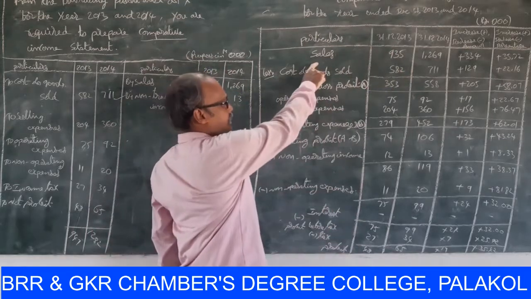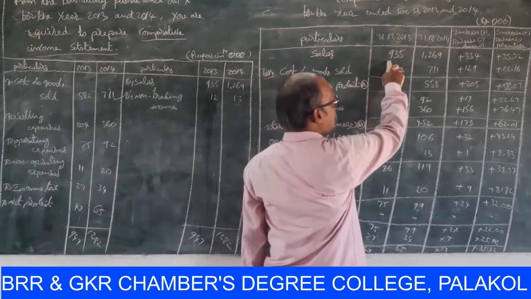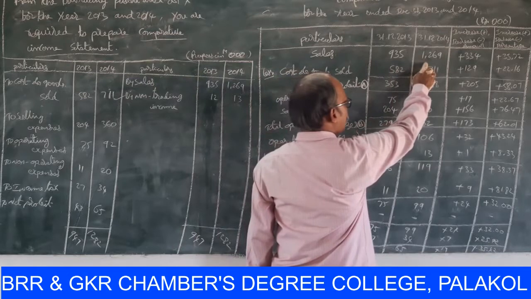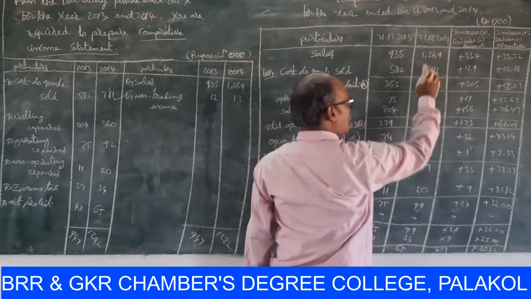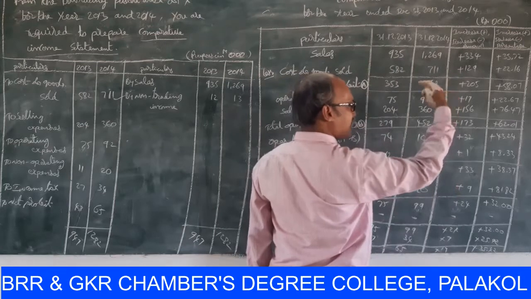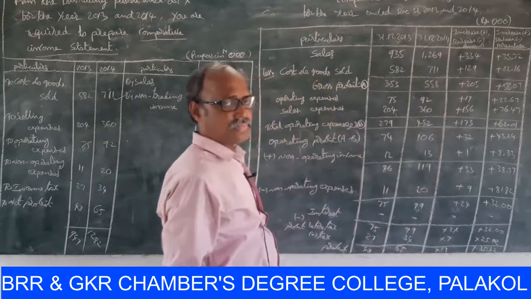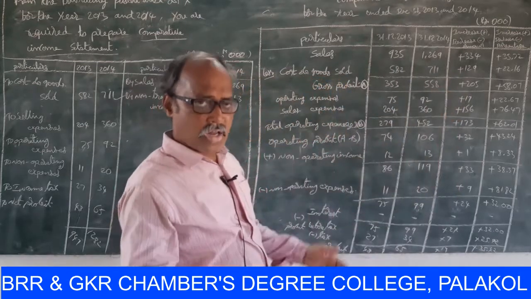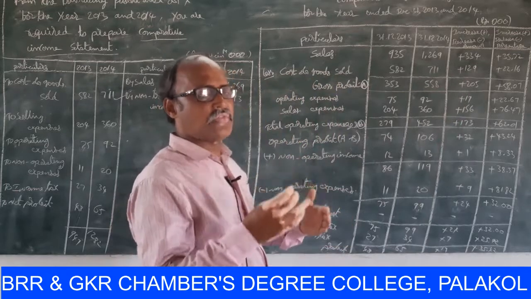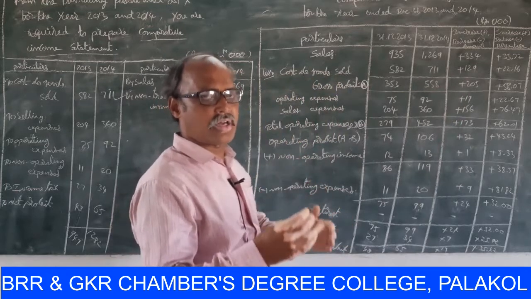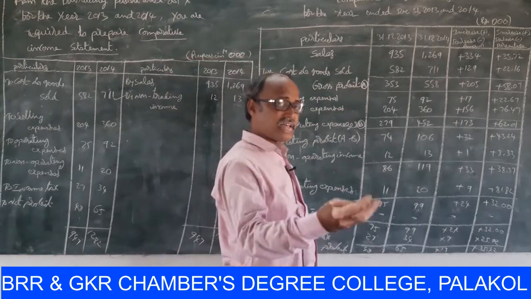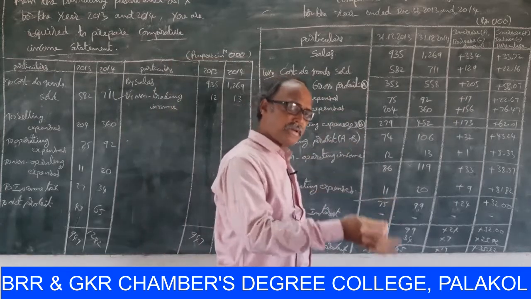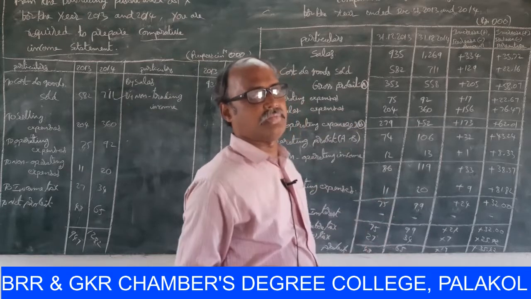Particulars, previous year 2013 data, present year 2014 data, increase or decrease in amounts, increase or decrease in percentages. The following formula has to be applied whenever we calculate the percentage: increase or decrease in amount divided by previous year data, into 100.